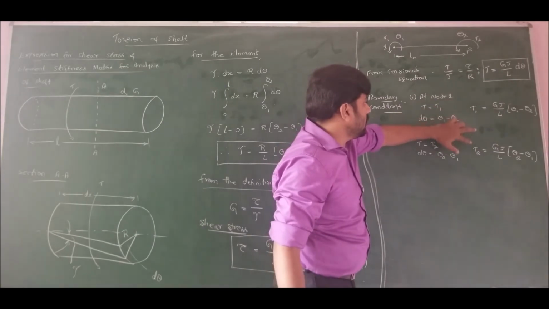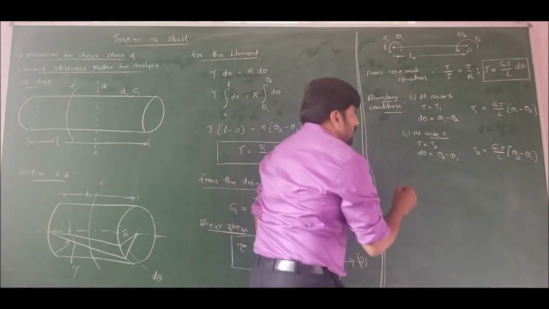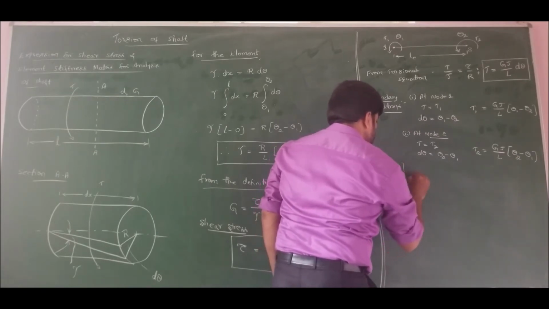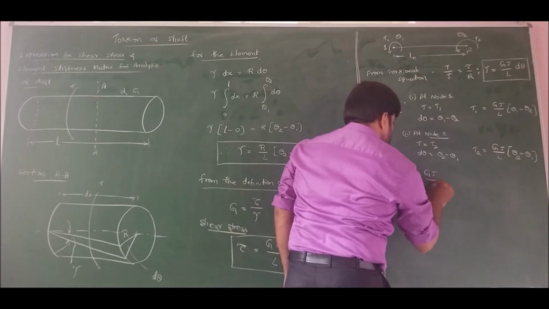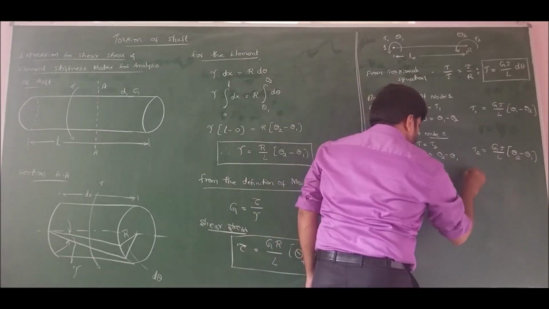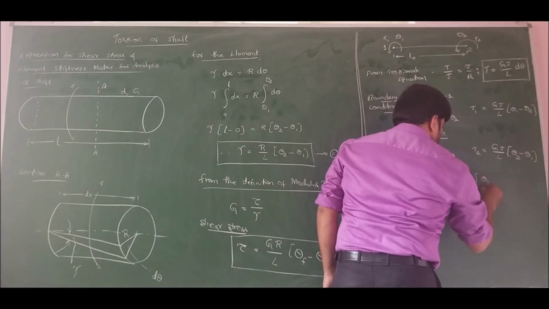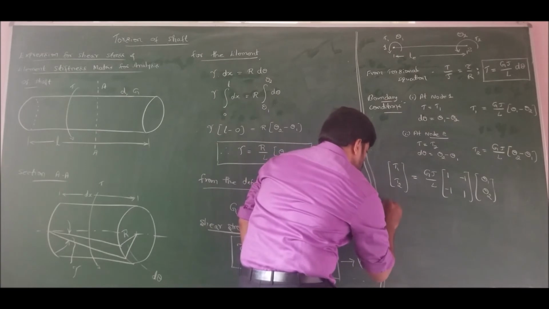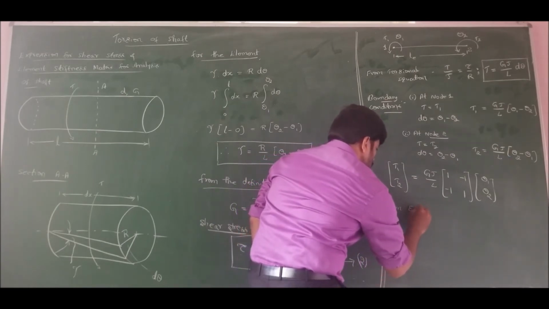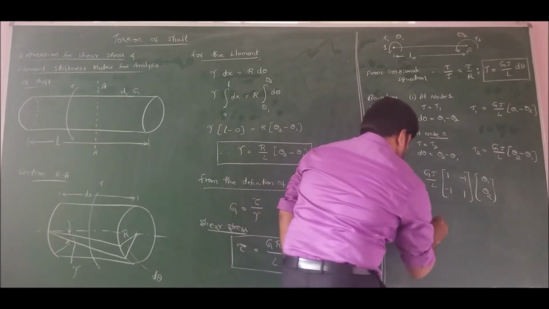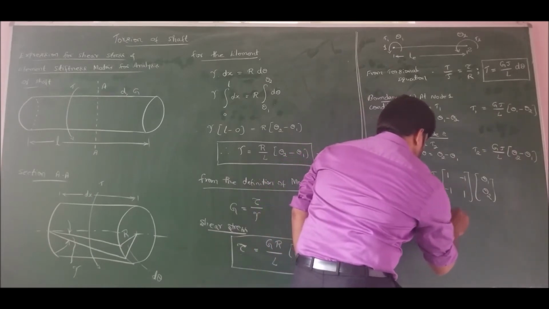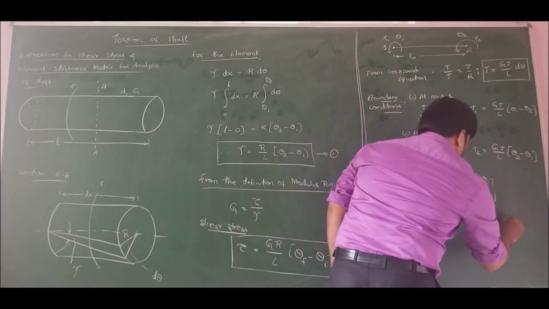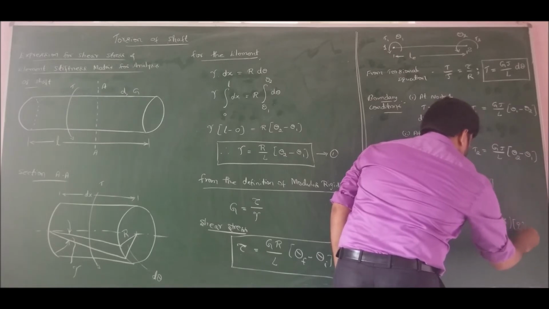If I represent T1 and T2 in matrix form, I will get T1, T2 is equal to G J by L times the matrix [1, minus 1; minus 1, 1] into theta 1, theta 2. Comparing this matrix with the equilibrium equation, we know that the torque matrix is equal to stiffness matrix into nodal variables.